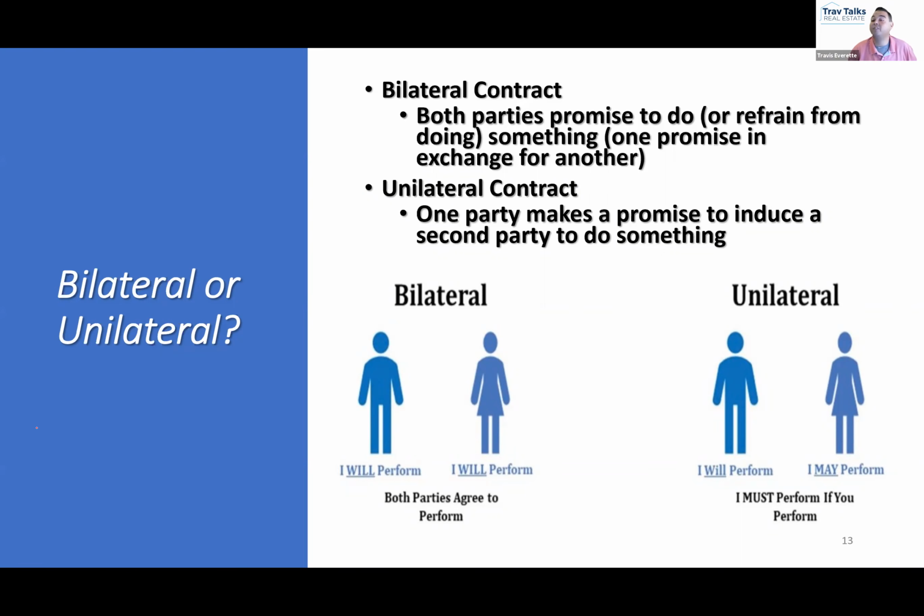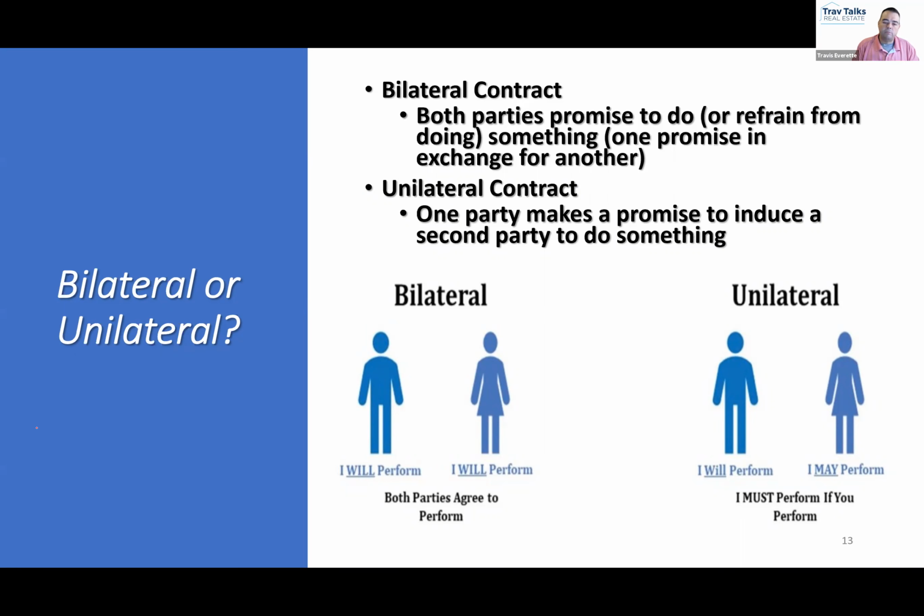This is in addition to, not other than. Does everybody see the difference there? So now we've decided this is an express agreement. We want to decide, is it a bilateral express agreement or a unilateral express agreement? So we're just adding more definition to this contract, giving it a more well-rounded definition.